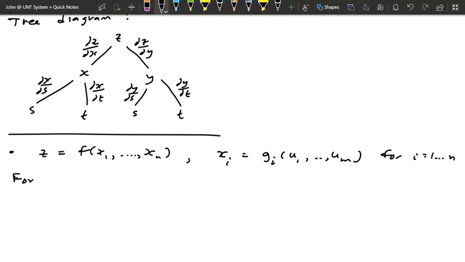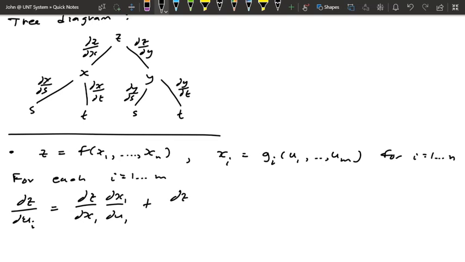Then for each of these u variables, we can take del z del ui, and that's going to be del z del x1, del x1 del ui, plus del z del x2, del x2 del ui, up to the final variable xn, del z del xn, del xn del ui.